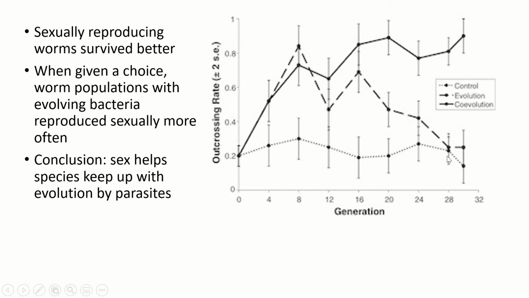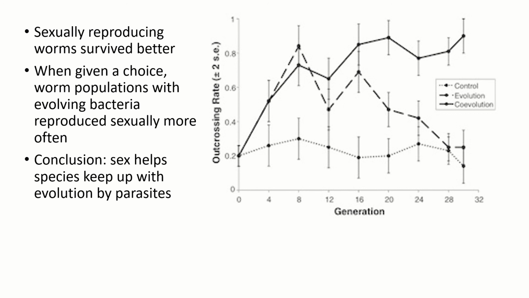They replenished with fresh bacteria. And then in this one, the worms and the bacteria both were able to evolve. So outcrossing rate is the rate at which the worms are doing sexual reproduction. So when the worms were evolving and the bacteria was also evolving, they were sexually reproducing more because individuals produced by sexual reproduction were more likely to have a new combination of genes that gave them an immunity to the bacteria.